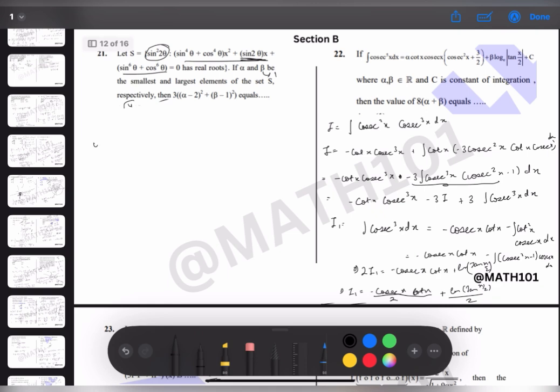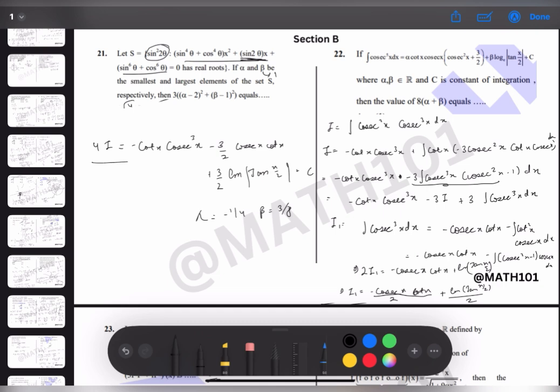which implies 4I is equals to minus cot x cosec x cube minus 3 by 2 cosec x cot x plus 3 by 2 ln tan x by 2 plus some constant, which gives us alpha is equals to minus 1 by 4, beta equals to 3 by 8.